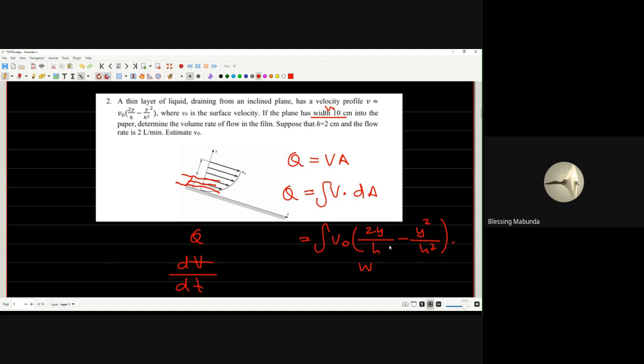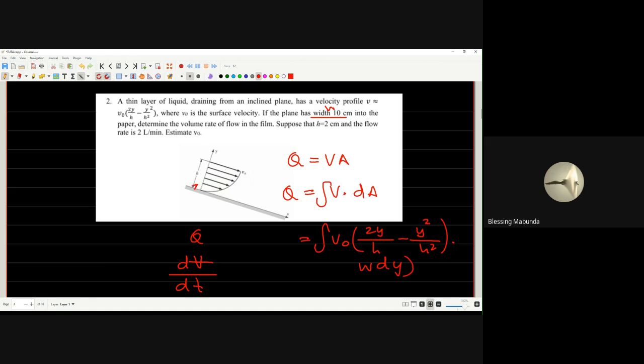So for the area, we'll consider the width and multiply that by the differential length dy. In the example, h is equal to a certain value, but we're not interested in looking at h at this point.